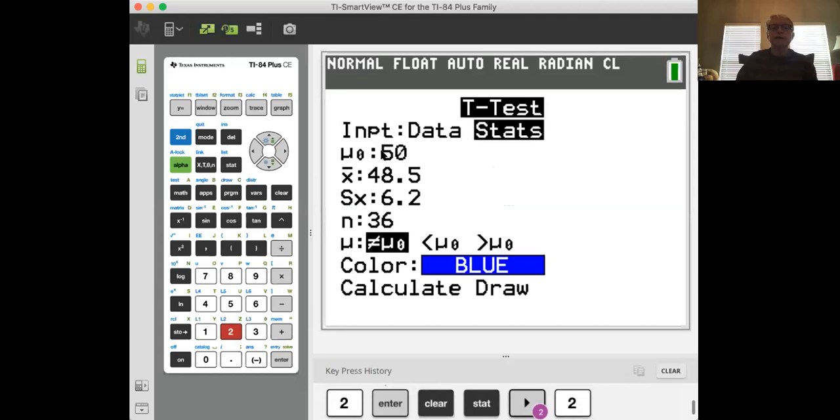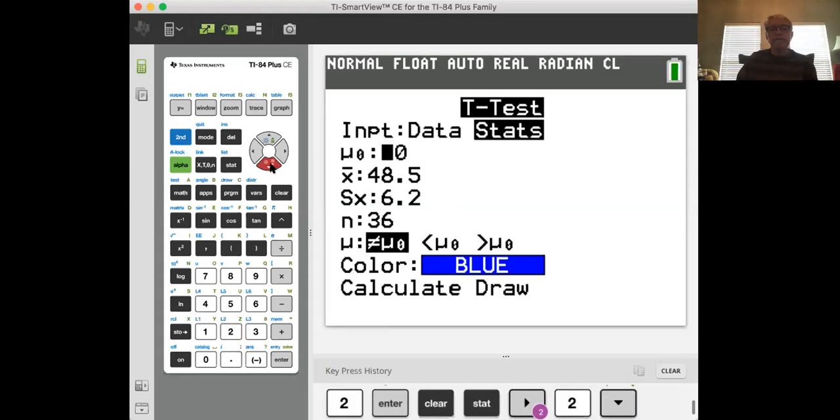We still need the null hypothesis value, which in this case is 50. Whether we're data or stats, we still need the relationship in the alternate hypothesis, which is not equal to.